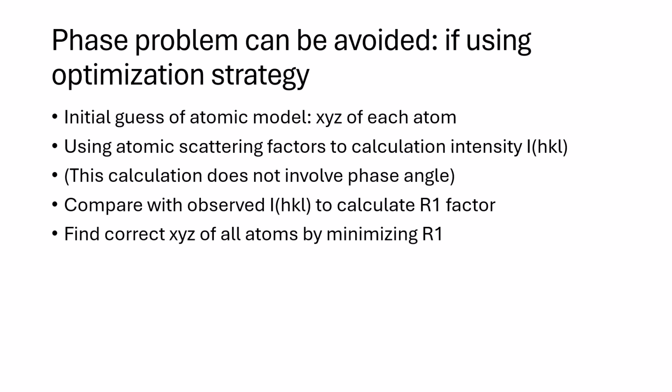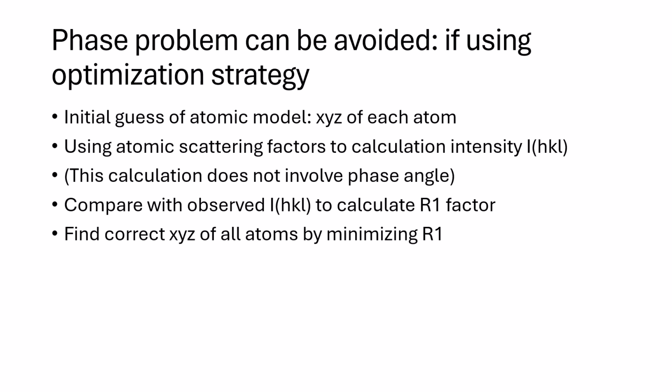So once we know where the atoms are located, we can directly calculate the intensity of each scattering spot. And this calculation does not involve the phase angle. So going this route, the phase problem never exists.